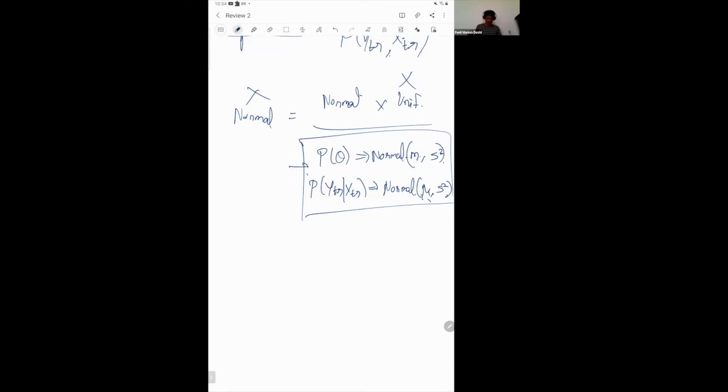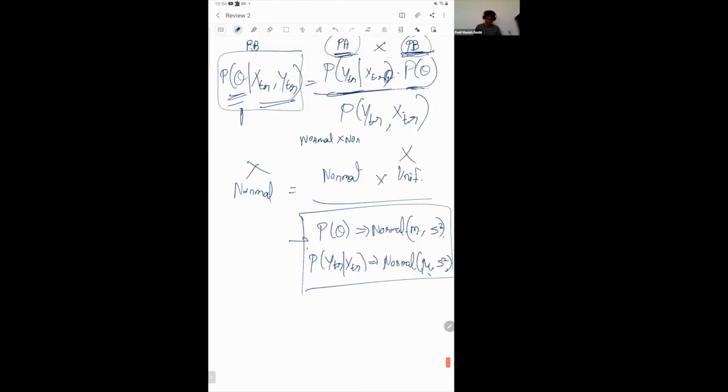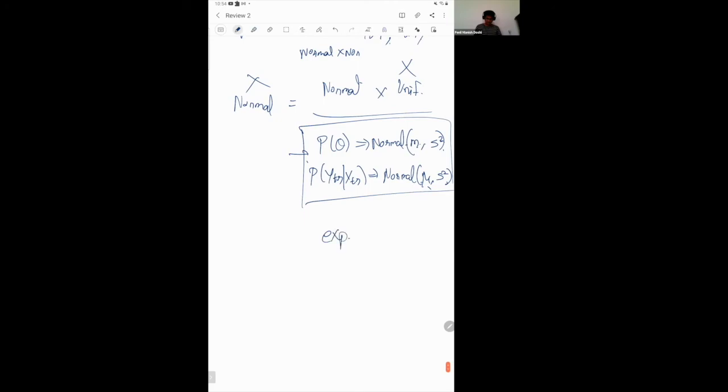If you multiply two normals, the output is always a normal. But here the thing that I'm worried about is that if this is parameterized by theta, then there would be x minus theta over sigma square here. I guess this should make sense.